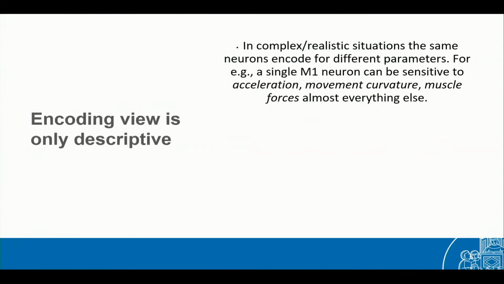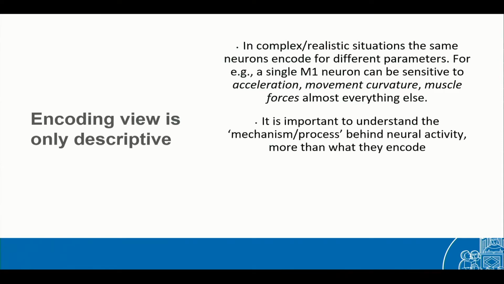But if we see the encoding only as a descriptive way to understand the brain, of course, this is not going to work if we want to apply it to robots, because the same neuron can encode different parameters, for example for motion or for perception.